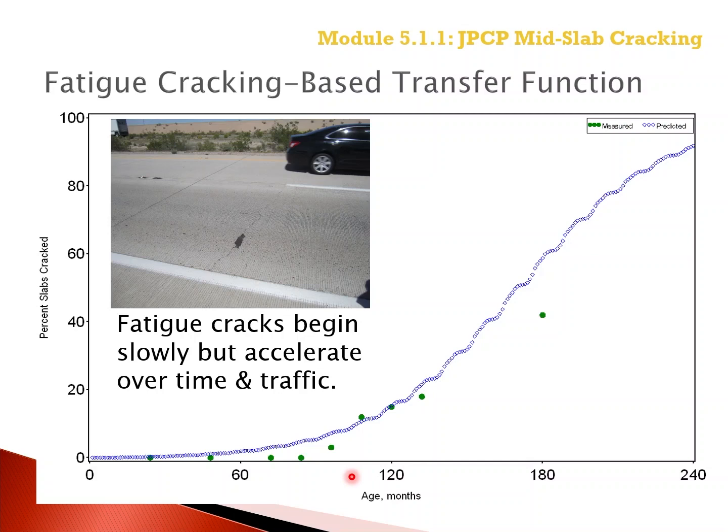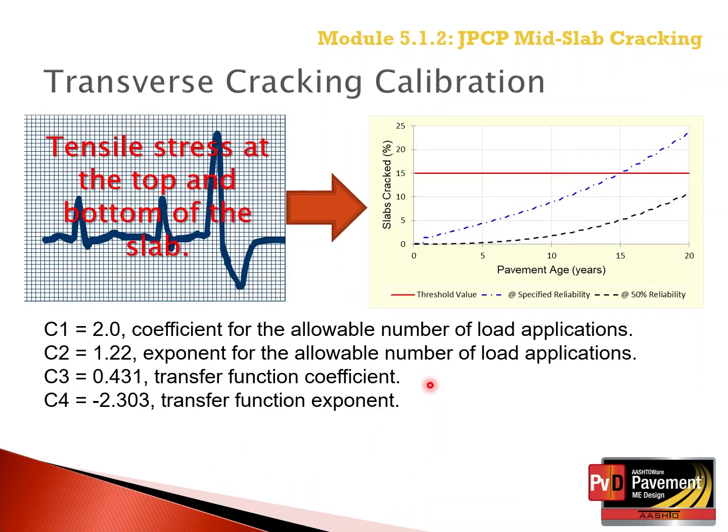The percent cracked slabs begin very slowly, but then start to accelerate over time with higher amounts of truck traffic and higher amounts of damage. This slide summarizes the coefficients that were used to calibrate the transfer function or model in predicting the total percent cracked slabs throughout the design period.